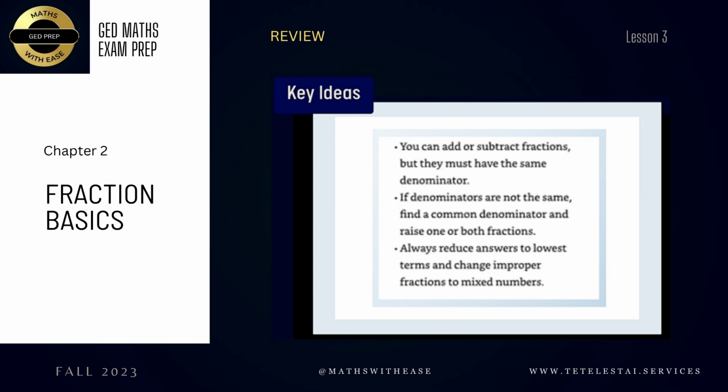Improper means top heavy, means the top of the fraction is greater than the bottom. Denominator means the quantity on the bottom of my fraction. Okay, back to the question.